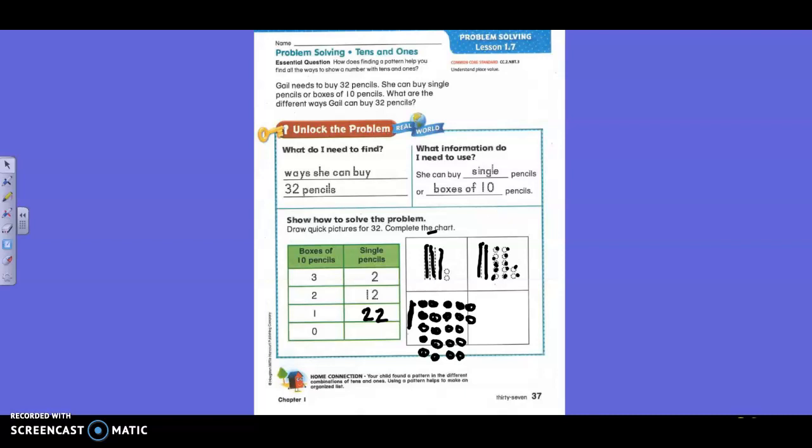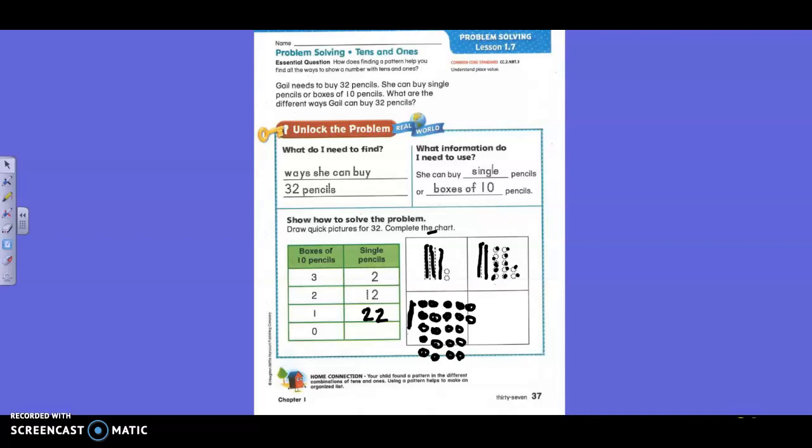Okay, good. All right, now, boys and girls, on the last one, if there are 0 boxes of 10, now this should be easy. If there are no 10s, how many ones would we have to draw then? 32. Okay, it's like pennies. Pennies are only worth 1 cent.